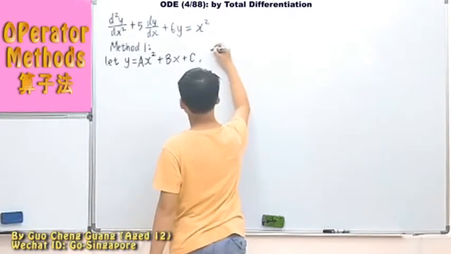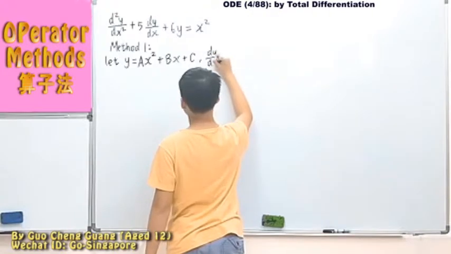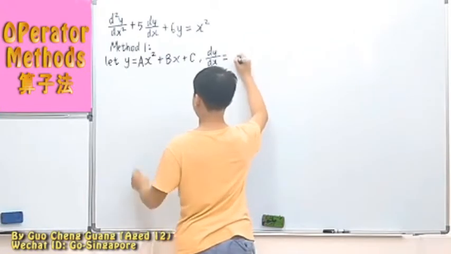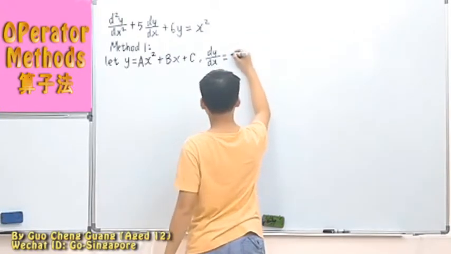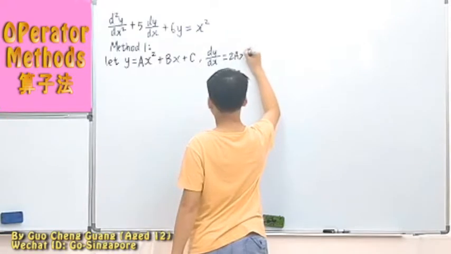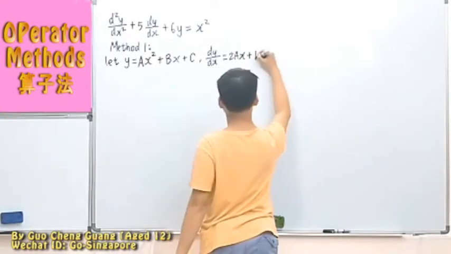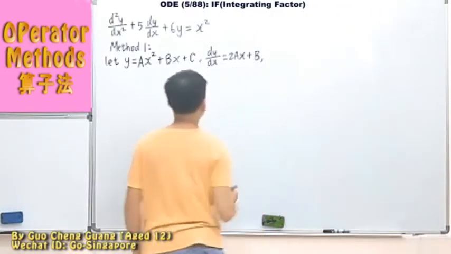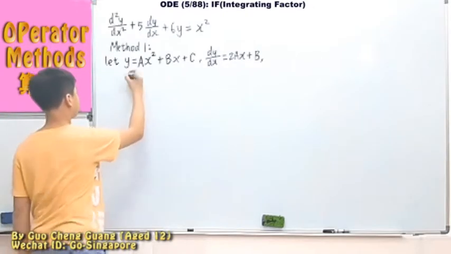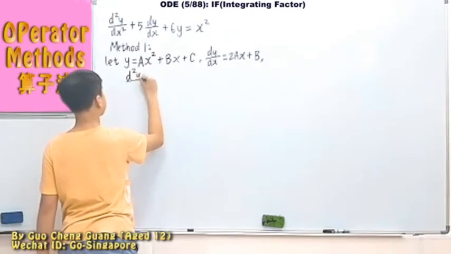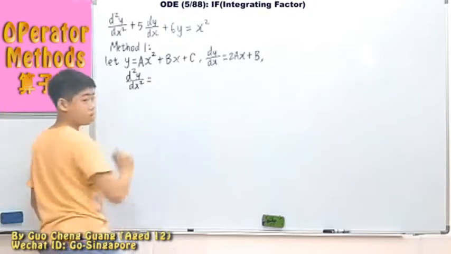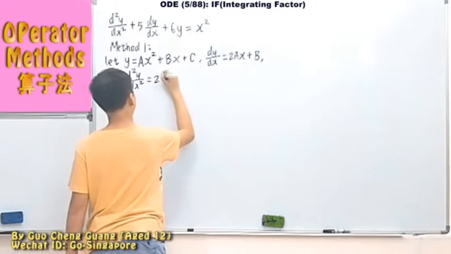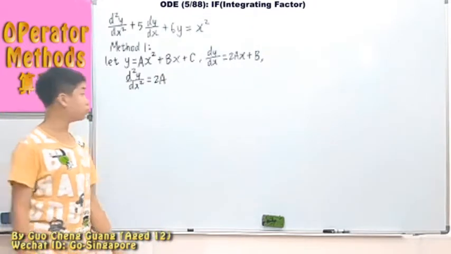Then we find the first derivative of y. For ax squared, you get 2ax, and for bx you get b. Then the second derivative: differentiate one more time, and all that you're left with is 2a.